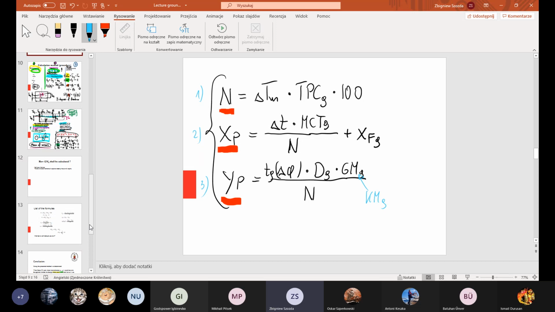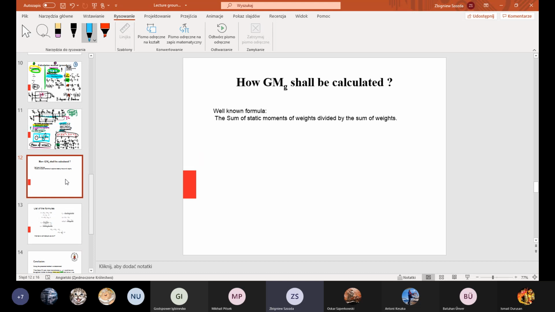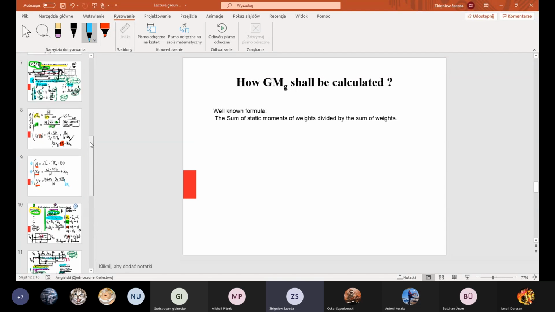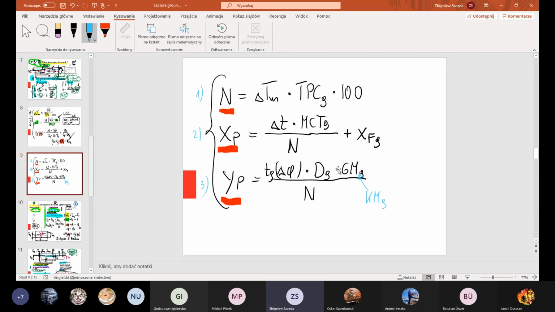I think there is one issue remaining: how GM after grounding shall be calculated. I am back to the final formula. We have to use GM after grounding here.